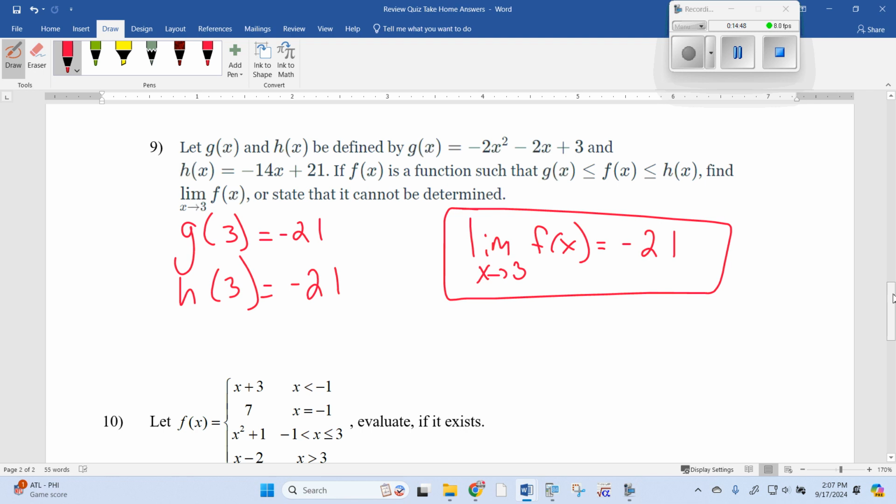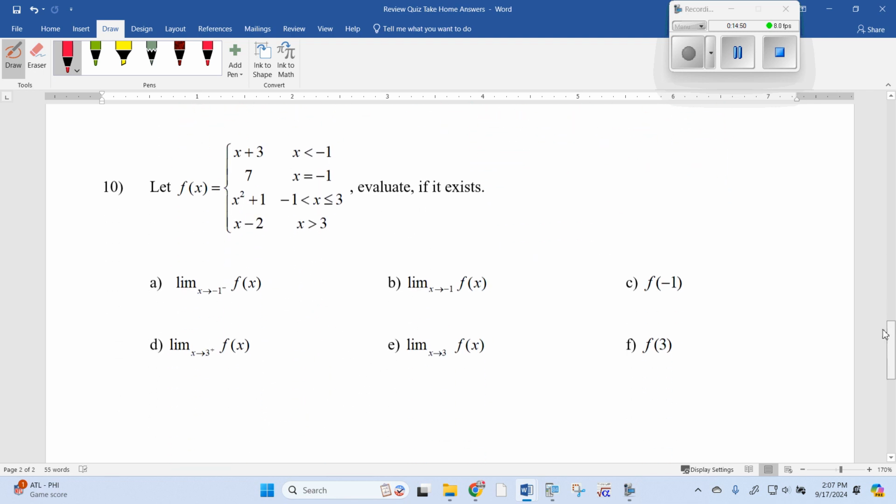And the last one's a piecewise function. If I want to find the limit at -1 from the left, that is less than -1, so I use the top, which would just be -1 plus 3, which is 2. If I want the limit at -1, I got to consider the left and the right. So if I want to find at -1 from the right, that is going to be this formula.